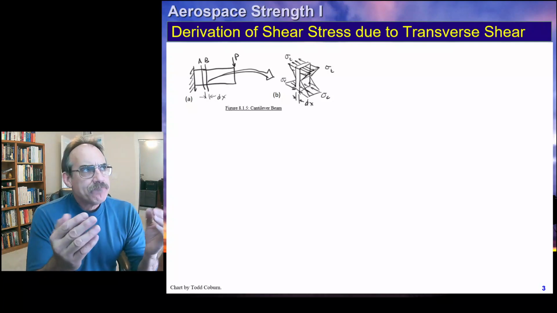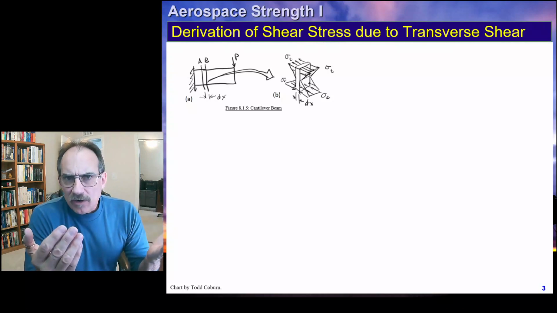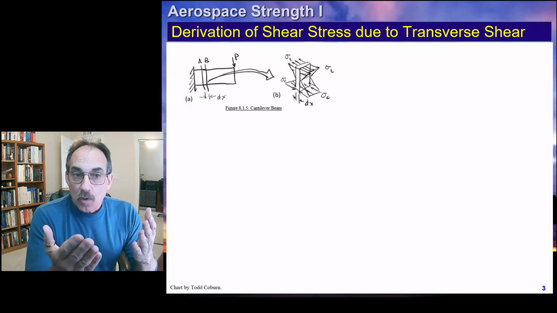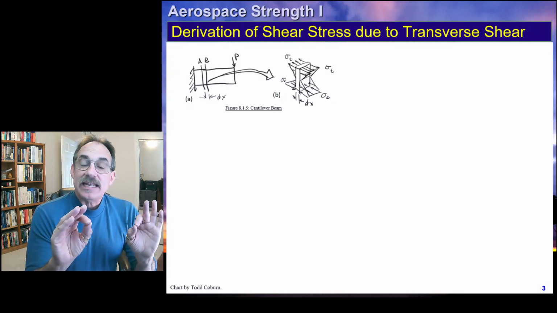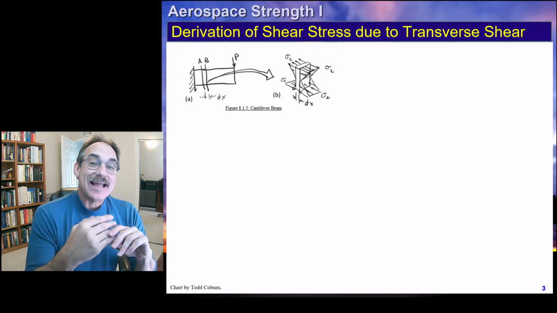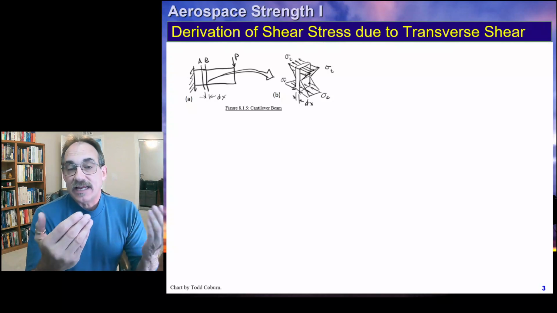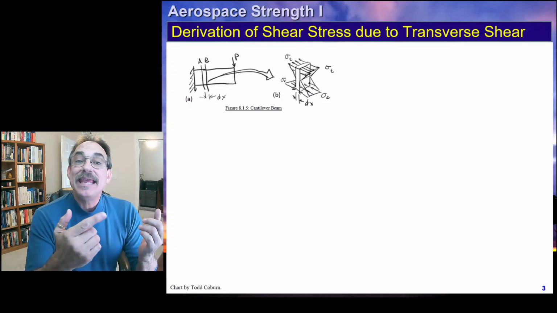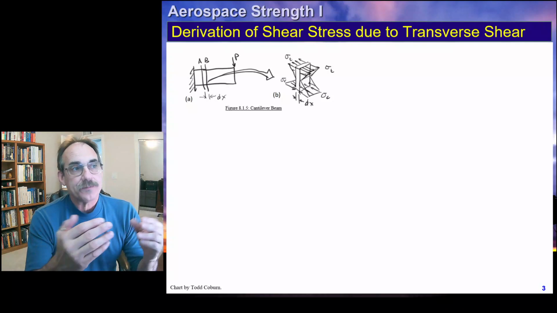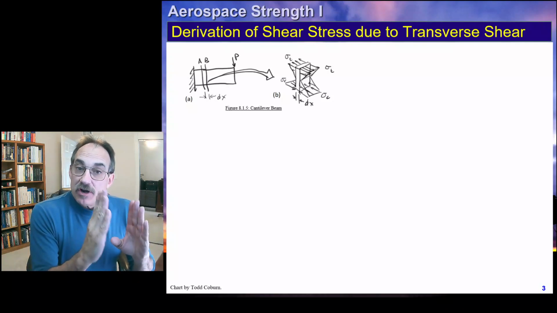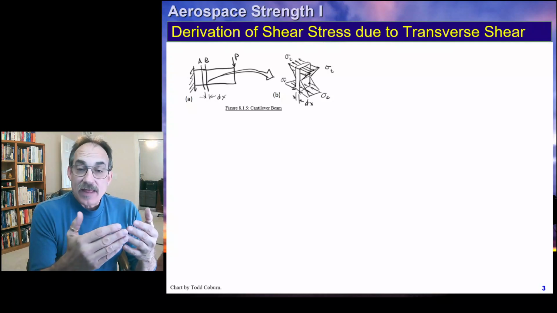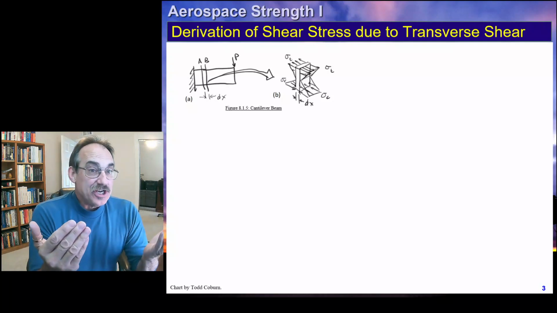Remember, in our earlier classes, we saw F was a force and sigma was a stress, but we find in aerospace, capital F is an allowable stress, lowercase f is a calculated stress, so we've been using P for forces, external forces. When we have shear forces, sometimes we use that symbol S for the shear force.